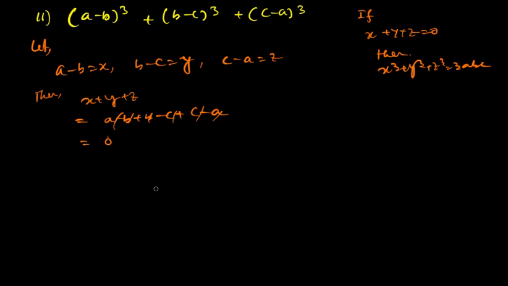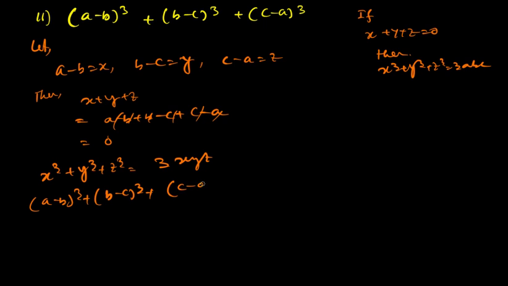So as I get x plus y plus z equals 0, then x cube plus y cube plus z cube will become 3xyz, or a minus b whole cube plus b minus c whole cube plus c minus a whole cube will become 3 times a minus b, b minus c, c minus a. So that's the answer.